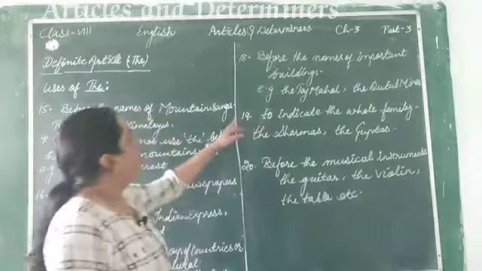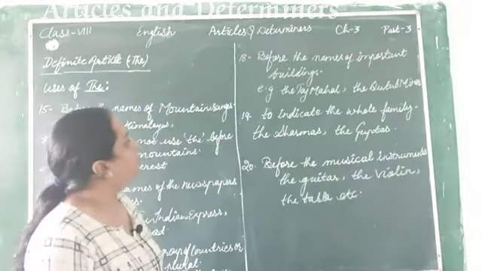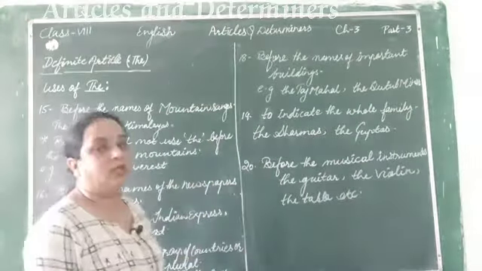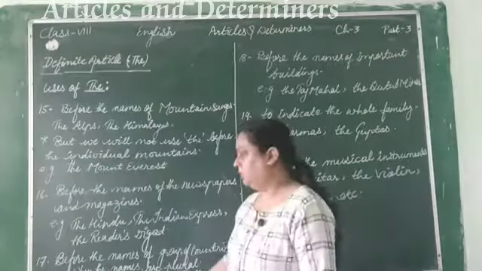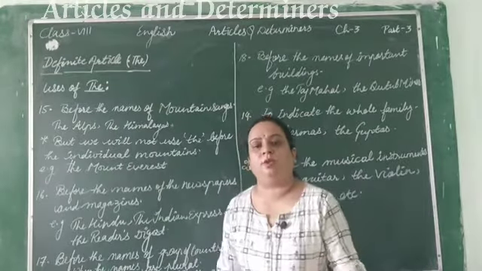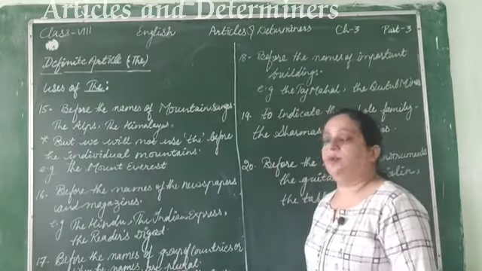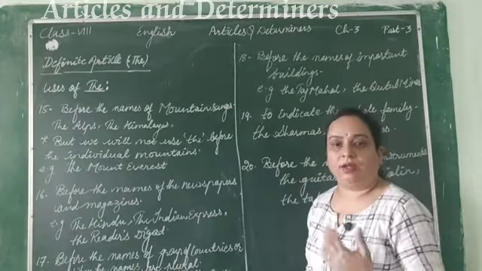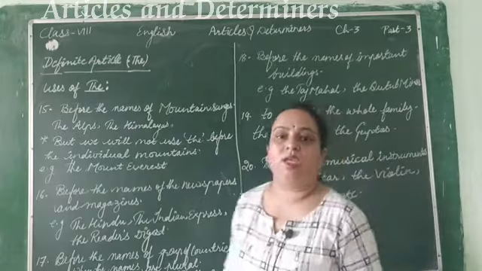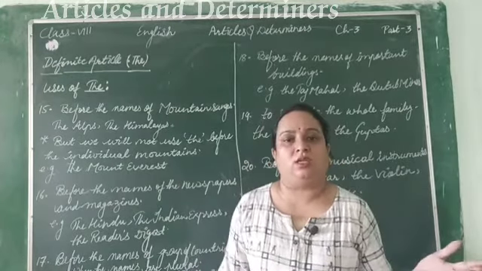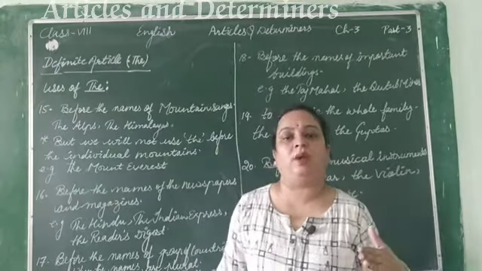Before starting rule number 18, because we are talking about countries, let's talk about nationality too, because I have not written it here. The people who live in India are Indians, in China Chinese, and in Pakistan Pakistanis.